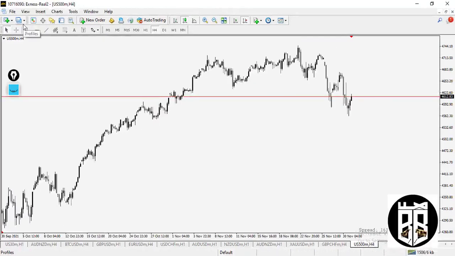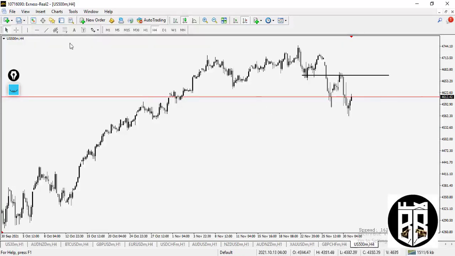It's 7:58 a.m. I haven't taken any trade yet, but I'm looking at this US 500 index. So this is a chart of 500 companies in the United States.